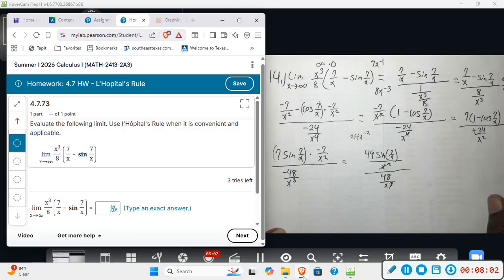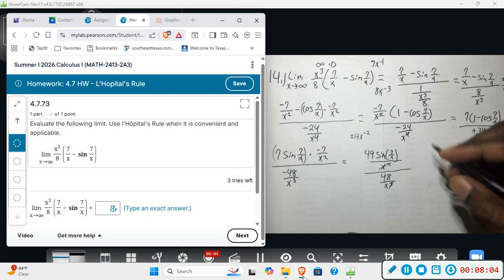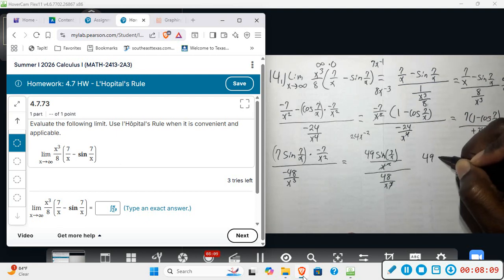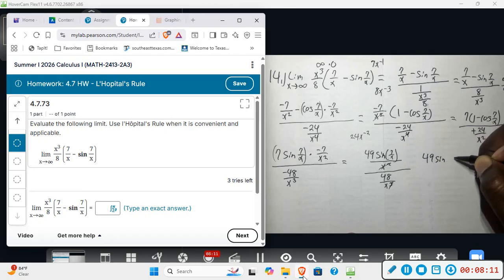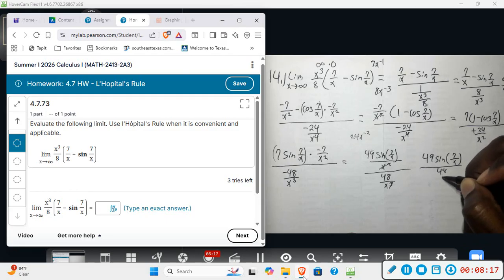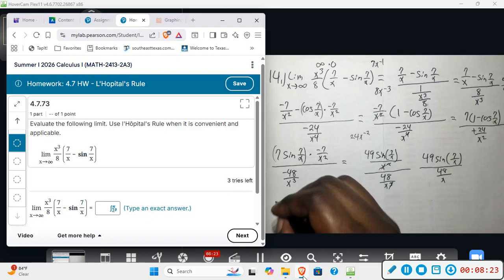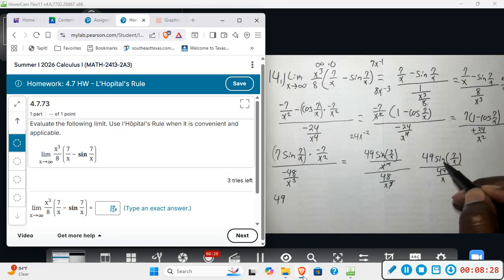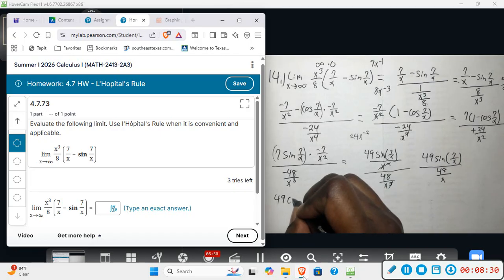So I'm going to do the derivative again. So we have 49 sine of 7 over x, and we're looking at 48 over x. All right, so we're going to do derivative one more time. 49 is still going to stay 49, just a constant out front, the multiple. Derivative of sine is cosine.